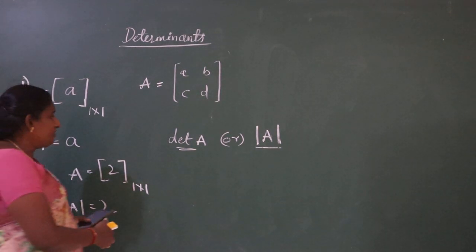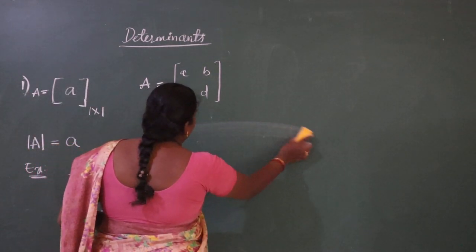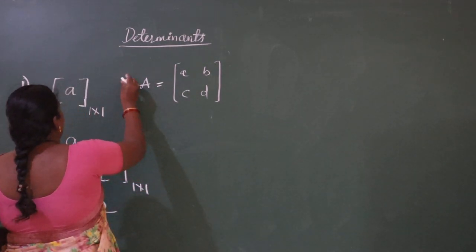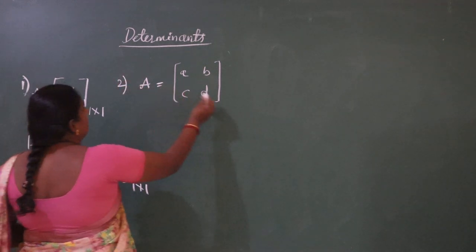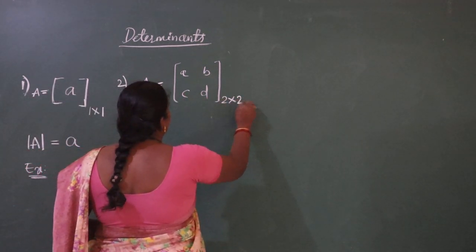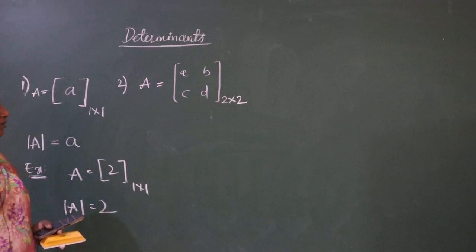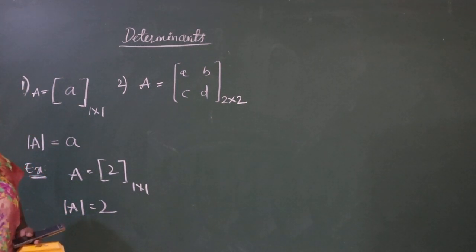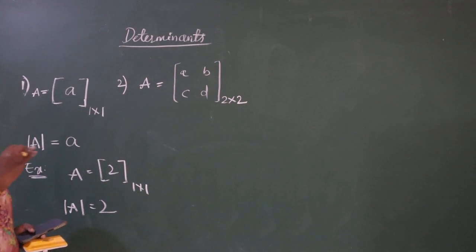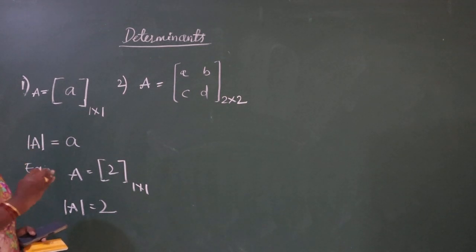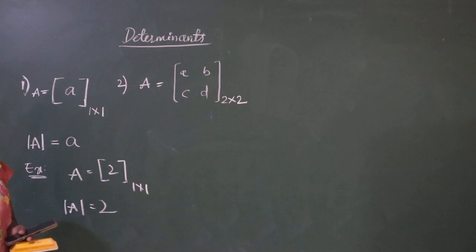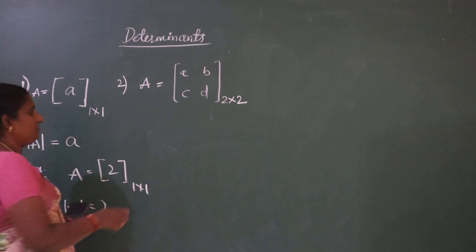And next, what is the determinant value for a square matrix of order 2 by 2? Here we have a 2 by 2 square matrix. In the first row, a and b are there; in the second row, c and d are there. Then what is the determinant of this matrix?